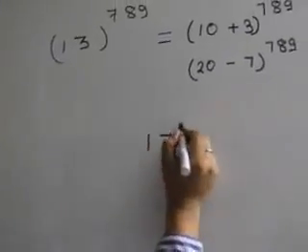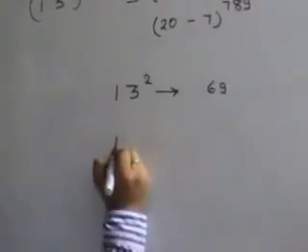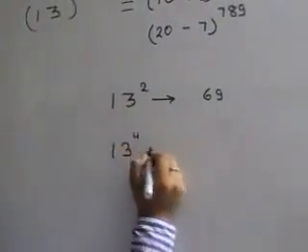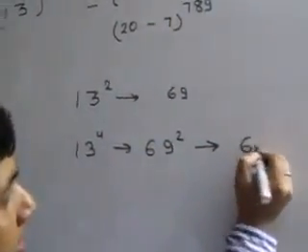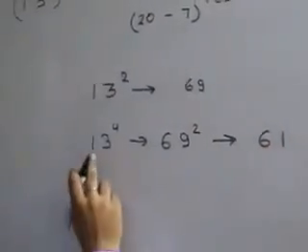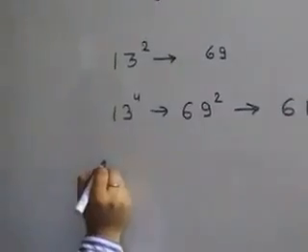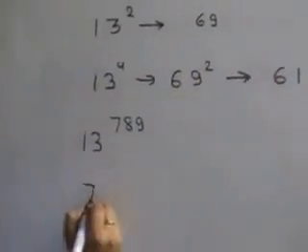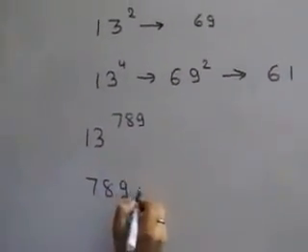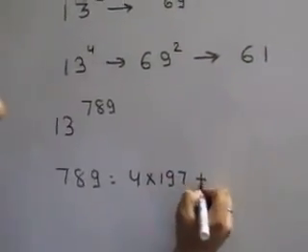We know that for 13 squared the last two digits are 69, and 13 to the power 4 will be 69 squared, and the last two digits will be 61. So 13 to the power 4 has last two digits 61. Now we are given 13 to the power 789. 789 we can write as 4 times 197 plus 1.